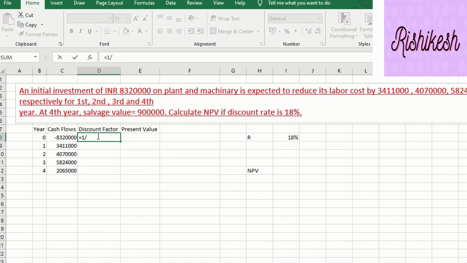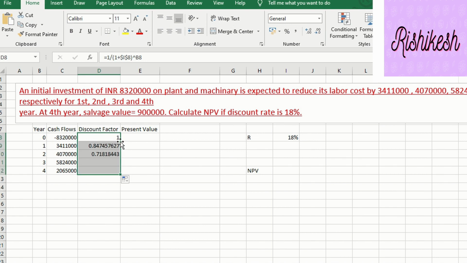So the discount factor will be 1 divided by 1 plus this interest, and I will freeze this because I don't want this particular cell to change. Close the bracket. To the power of, I will link it with here so that I don't need to write it manually, 1, 2, 3, 4, etc. So we'll get the discount factor as 1, and similarly once this plus sign comes, just double click over here and you will get the discount factor for year 1, 2, 3 and 4 as well.